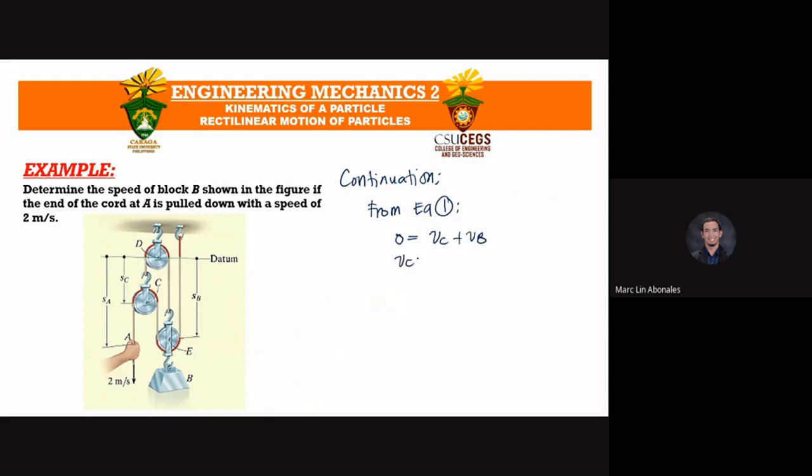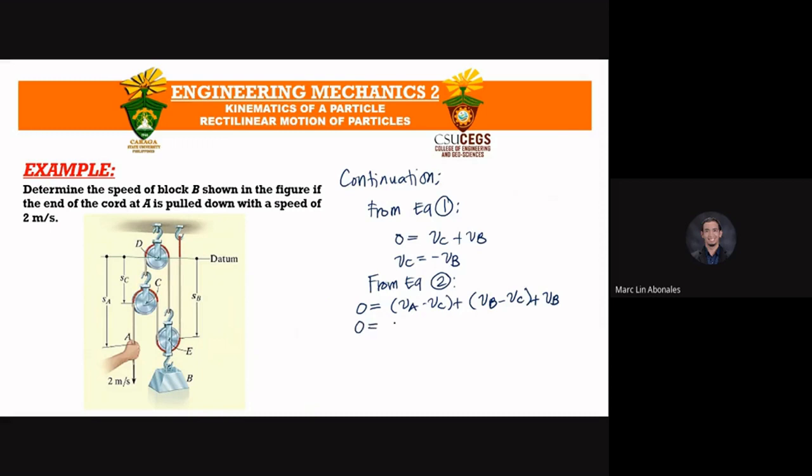So our VC is equal to negative VB. We substitute this into equation 2. So from equation 2, that is 0 is equal to VA minus VC plus VB minus VC plus VB.